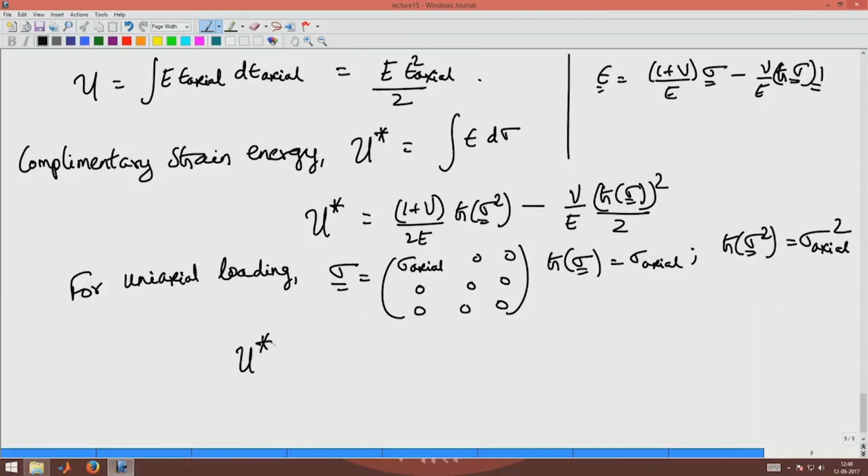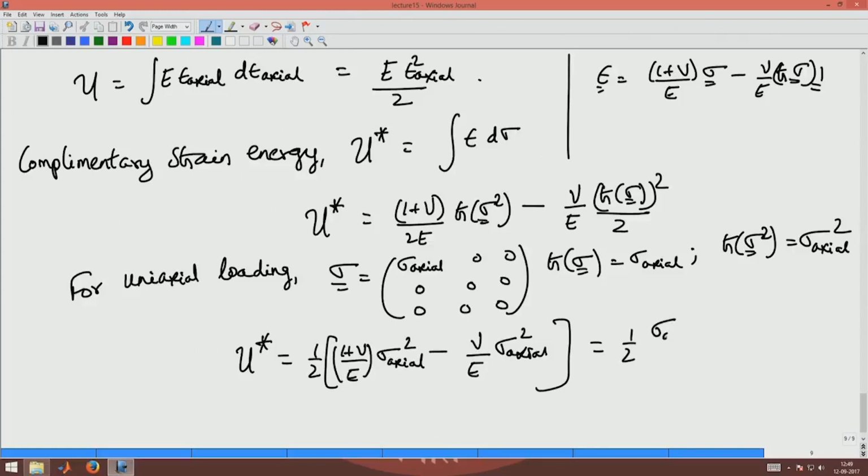So, u star would be 1 by 2 into 1 plus nu by E sigma axial squared minus nu by E sigma axial squared, which will be 1 by 2 sigma axial squared by E.